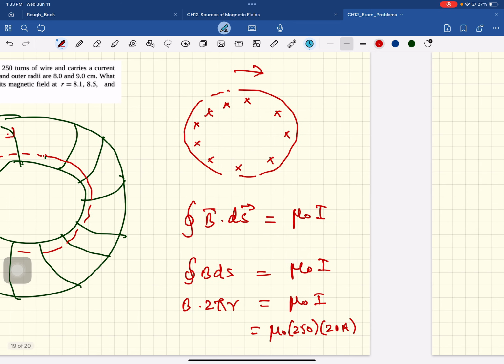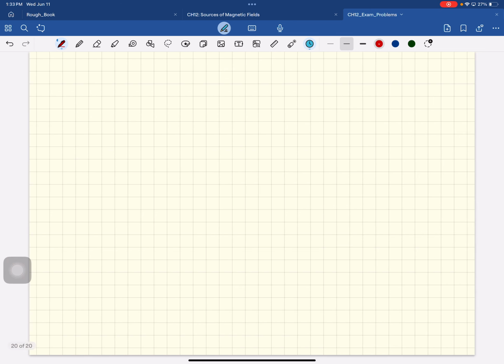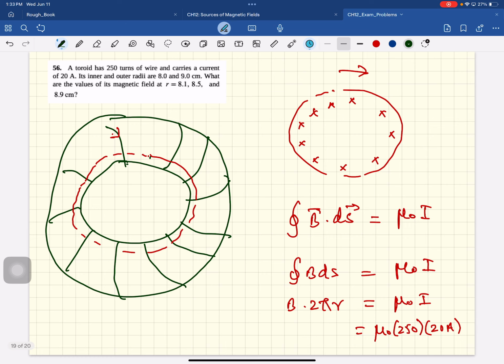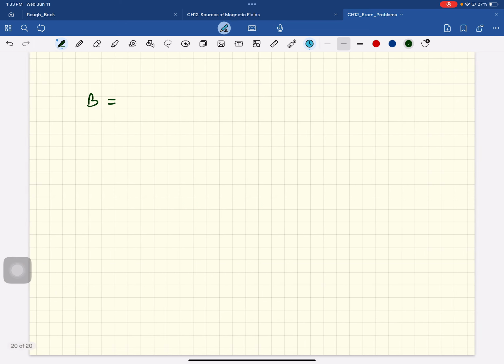All right, so now the magnetic field is mu naught times I divided by 2 pi r.